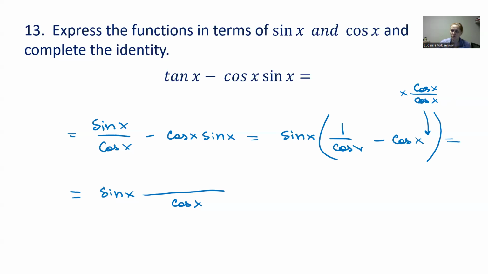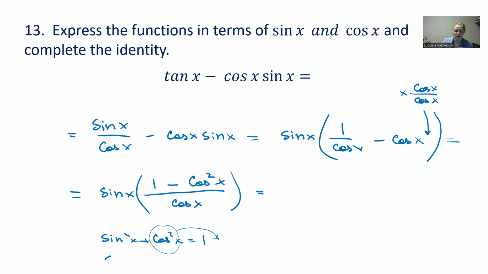It will be the cosine x for both terms. The first numerator is 1, the second numerator is minus cosine squared. On top, you see part of the Pythagorean identity: sine squared plus cosine squared equals 1. If you subtract cosine squared from the left and from the right, you will get sine squared x equals 1 minus cosine squared x.